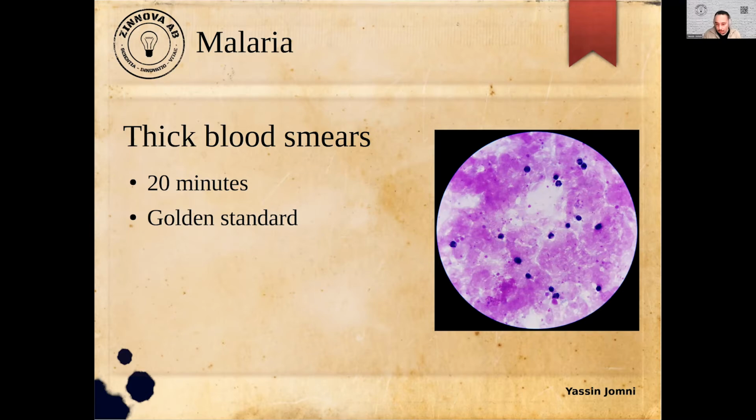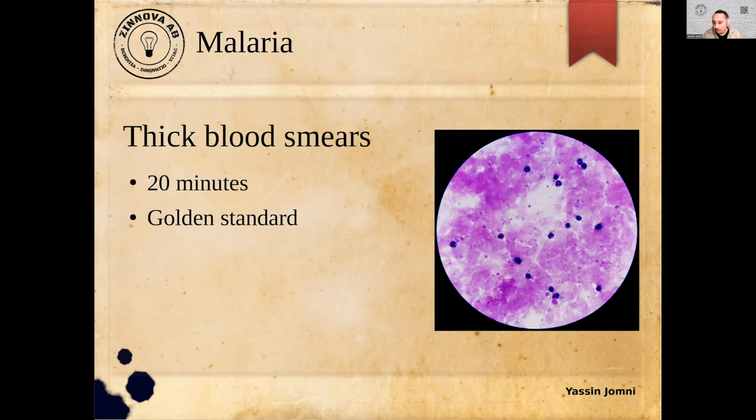So what you do with this is you take a drop of blood, and then you mix it with a stain called Giemsa, and this stain will color the nucleus of everything in the blood.